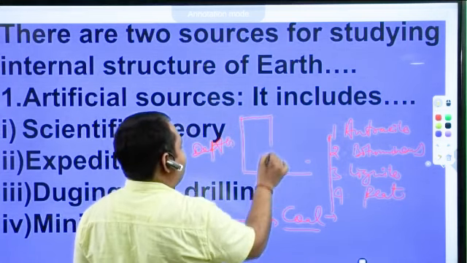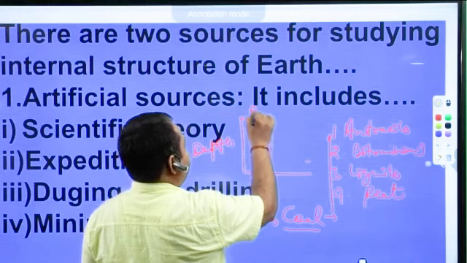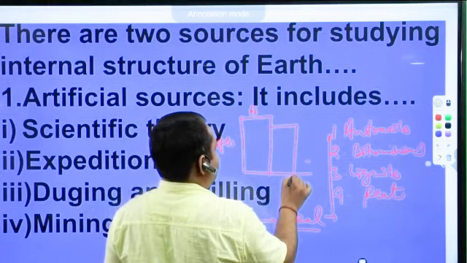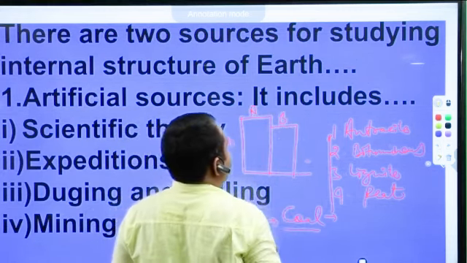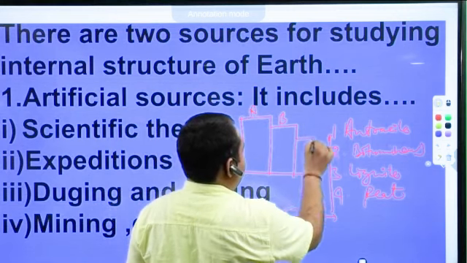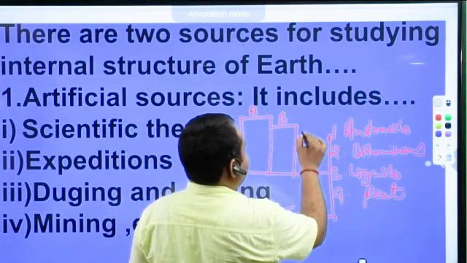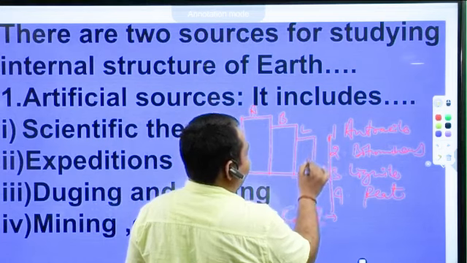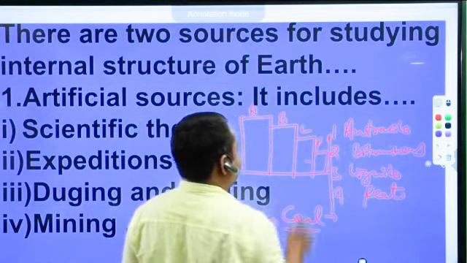Anthracite is located at the highest depth, then bituminous, next lignite, and finally peat.